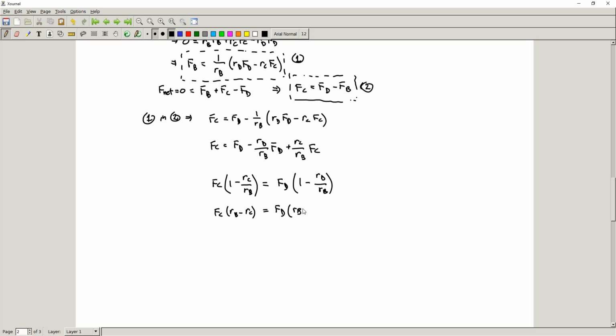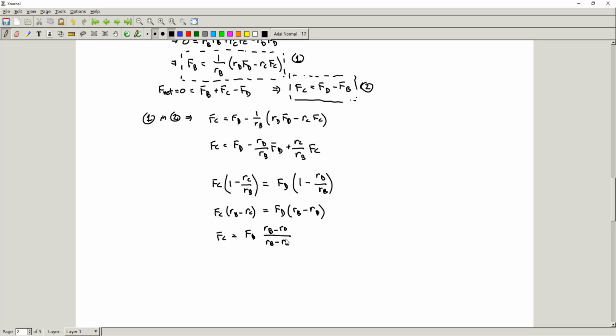Oops, that should be a capital B. Let me clean that up. Minus RD, right? And so now we just need to divide through by the terms that are multiplying FC on the left here. FC is now equal to FD, RB minus RD over RB minus RC.